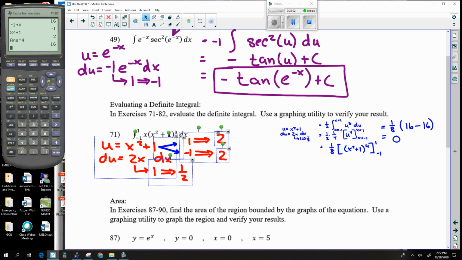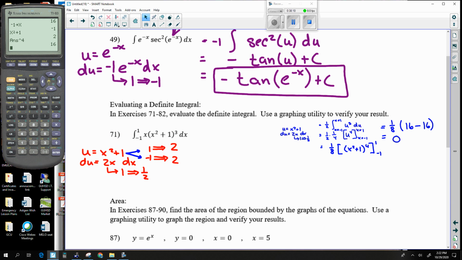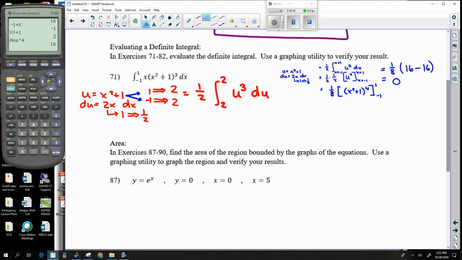So I reevaluate the lower and upper limits. This saves you a lot of writing and a lot of turmoil by taking that one little additional step about reevaluating the upper and lower limit. So what this would become is this. I rewrite this. So this required a 1/2 integral of u to the 3rd. Now I put in my new limits. So the upper limit is now 2, the lower limit is now 2. So I know this answer is going to be 0, but I'll just show it.